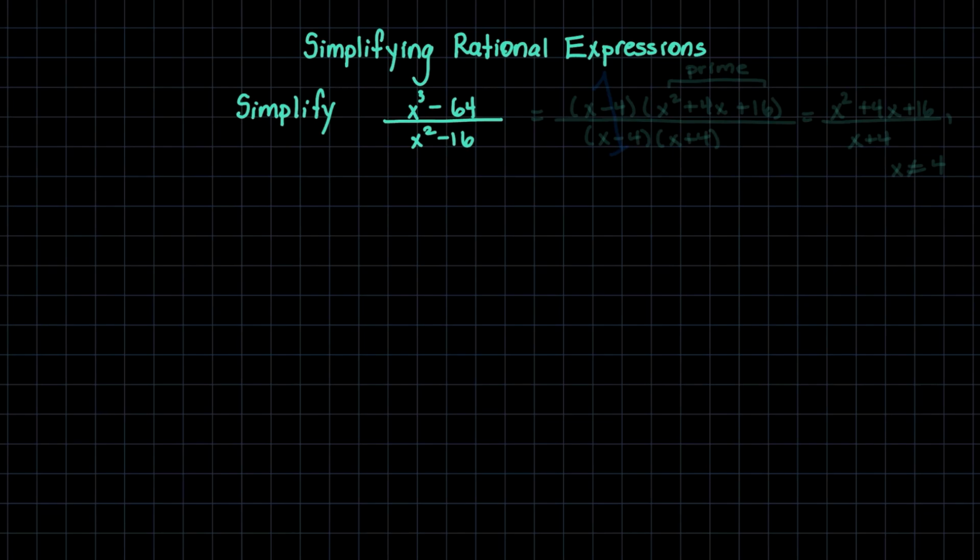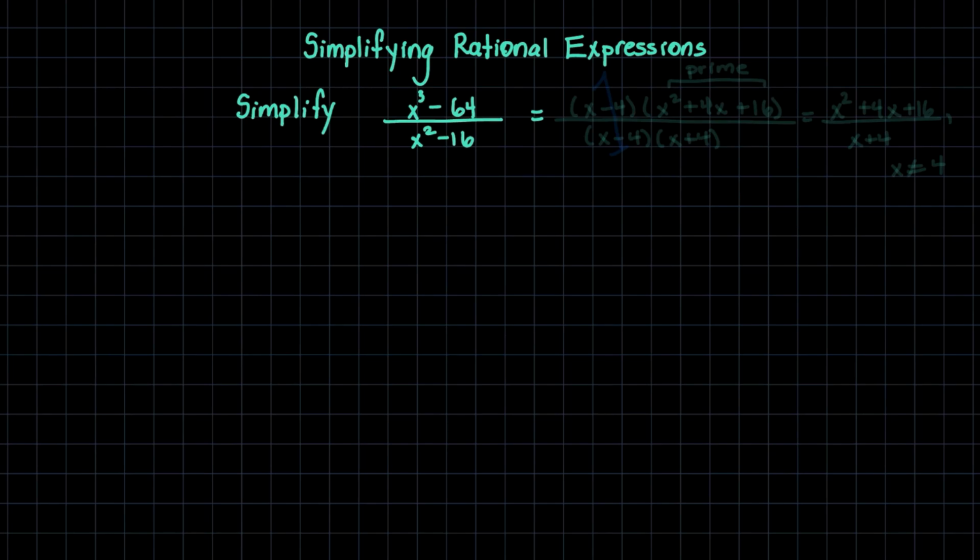Our next example, (x cubed minus 64) over (x squared minus 16). The numerator is a difference of two cubes. Again, you have to be able to spot which method you're going to use to factor. So you need to know your perfect cubes in your head.